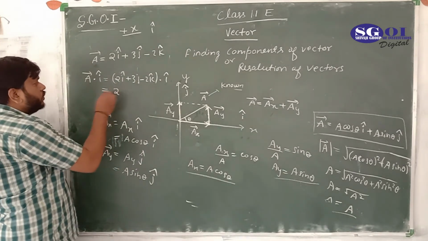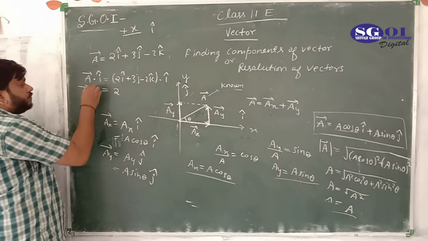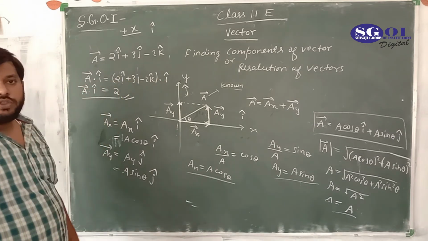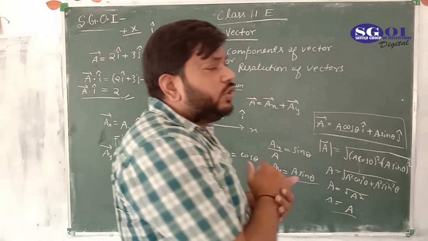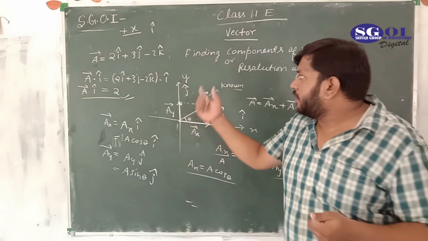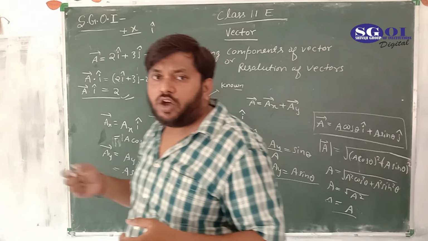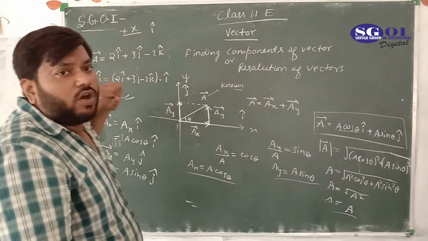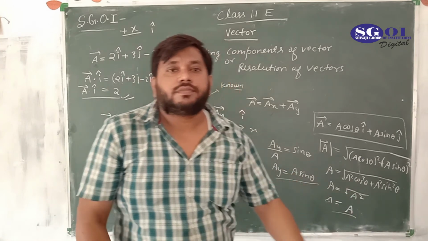So it is 2. This is another way you can find the component of a vector along a particular direction, just by multiplying by the unit vector of that particular direction.